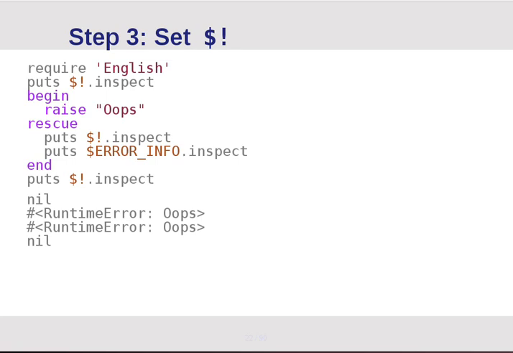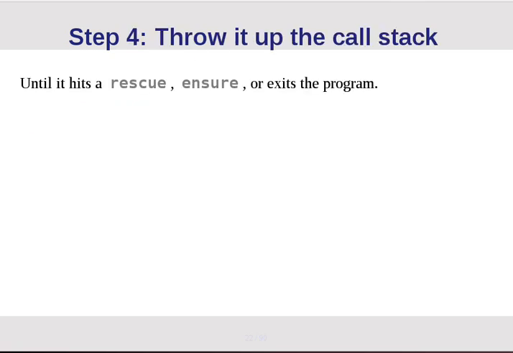And what this little piece of code demonstrates is that the error variable has a value so long as there's an error currently active. In other words, while it's being raised and has not been handled, that's set. But once it's been handled, that variable is no longer set. Finally, raise throws the exception up the call stack, where it keeps unwinding the stack until it hits a rescue, an ensure, or it exits the program.